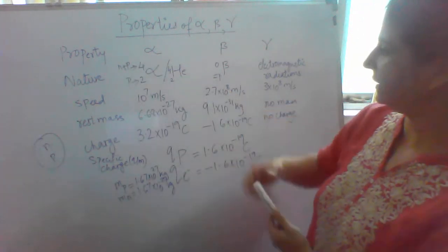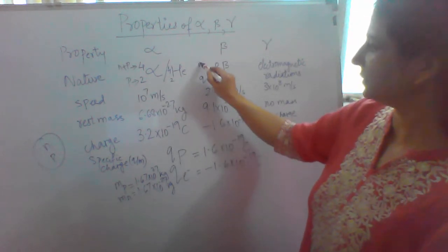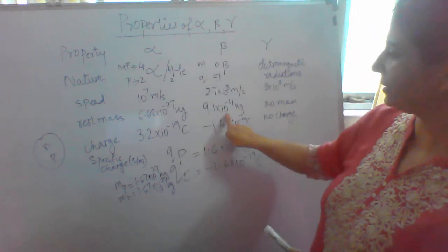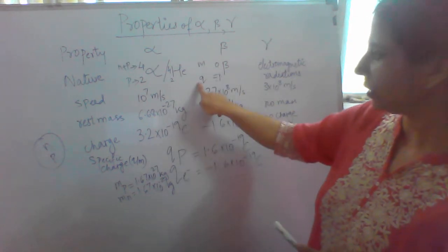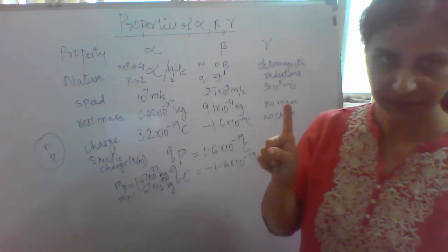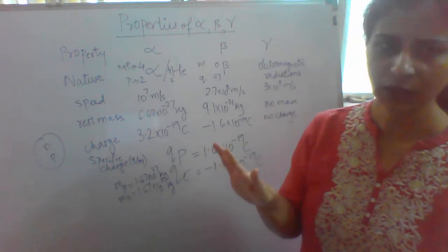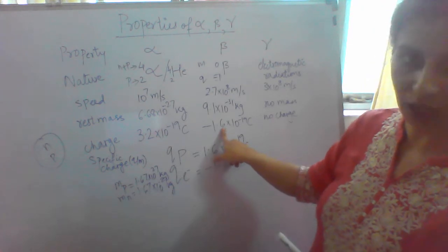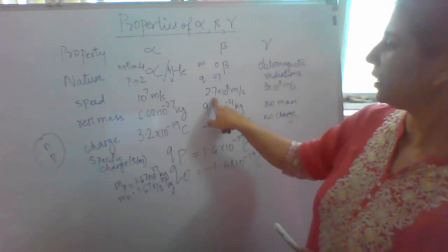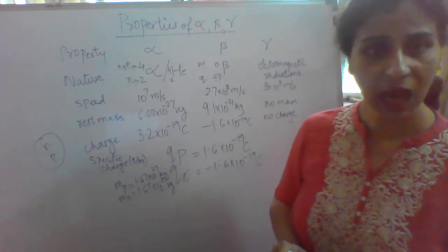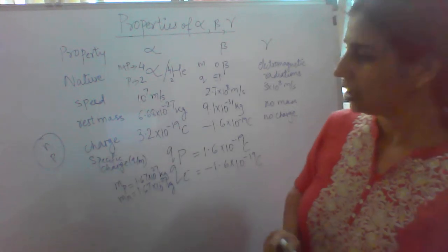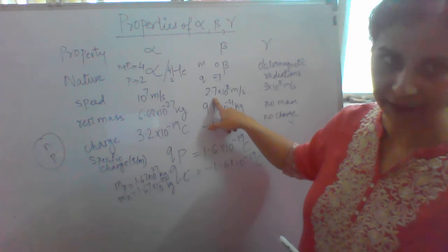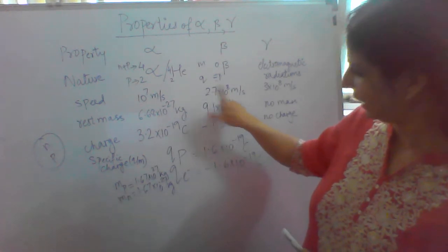Here the charge is -1, which is magnitude 1. Beta particles are fast moving electrons, with a velocity of 2.7 × 10^8 m/s, which is very near the velocity of light.